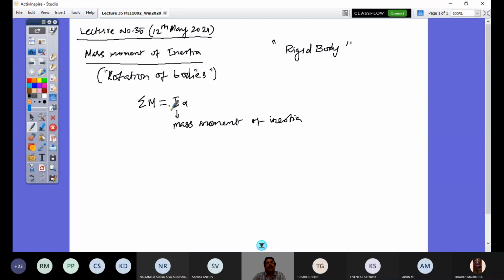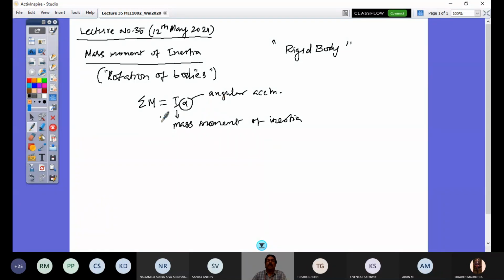Unless you know the mass moment of inertia of a rotating body about the axis of rotation, you would not be able to calculate a motion parameter called angular acceleration. It's not simply linear, it's angular acceleration, which is important to find out to describe the motion geometry of rotating bodies.